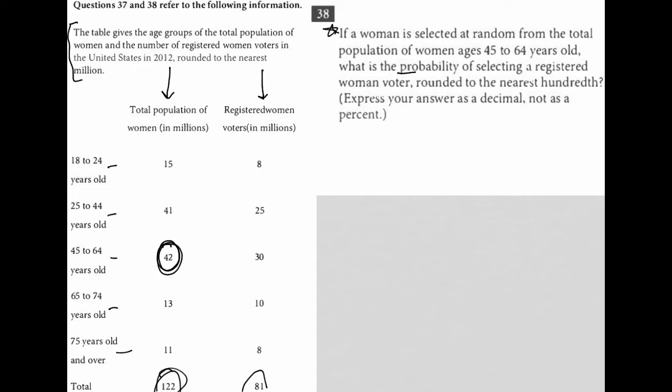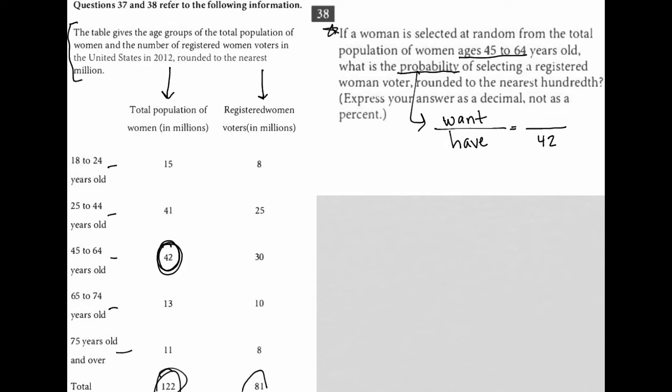And again, anytime I see the word probability on this test, I'm thinking it's going to be a fraction, and the numerator is what I want. The denominator is what I have. In essence, they've already told us what we have. We're choosing from women of this age range from the total population, so I know that that denominator is going to be 42, and that 42 represents 42 million.